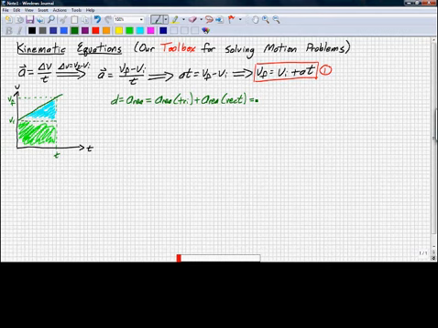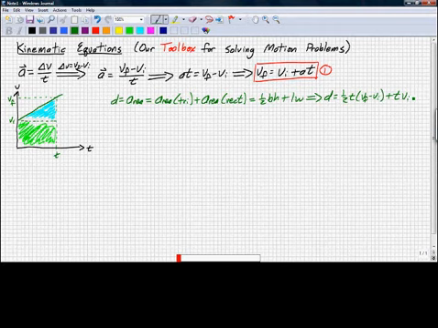Now the area of a triangle, we know the formula for that is 1/2 base times height, and the area of the rectangle, length times width. So we can say that our displacement equals 1/2 base, looks like it's t. Height appears to be vf minus vi, plus length times width. Length looks to be t, and our width looks to be vi. So all we have to do is a little math here.